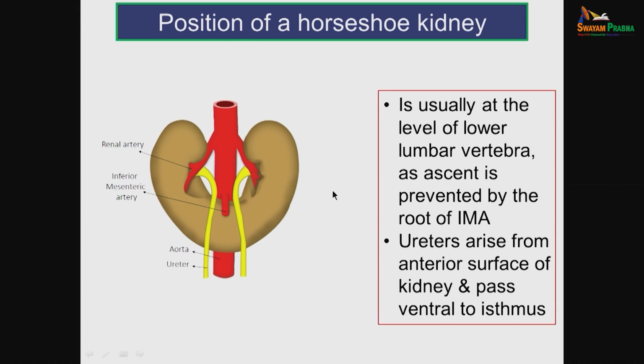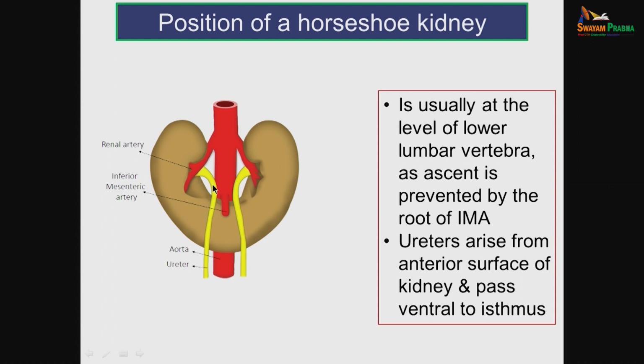The position of the horseshoe kidney is usually at the level of the lower lumbar vertebra, as further ascent of the fused kidney is prevented by the root of the inferior mesenteric artery. So, the kidney cannot ascend up.